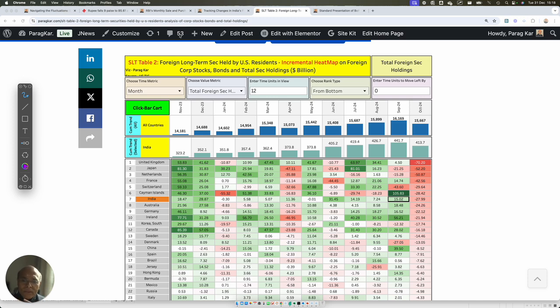Now let's look at the fundamental reason, the foundation on which currency depreciation takes place. The volatility of funds moving from one market to another is a temporary phenomenon.